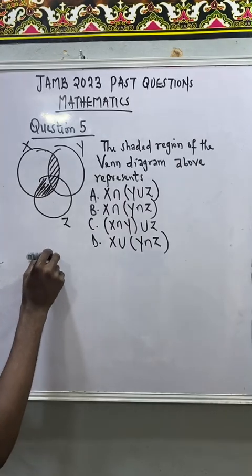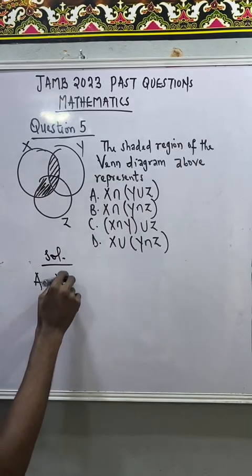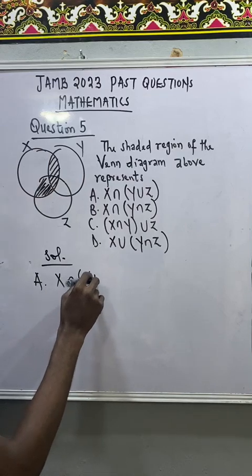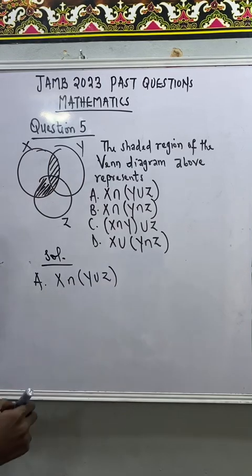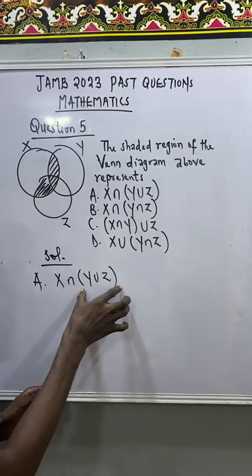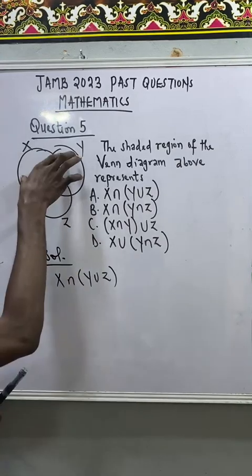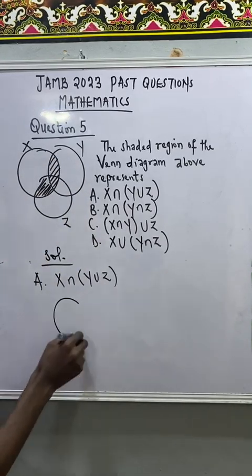Now, solution. Let's start with the first option, X intersection Y union Z. First of all, the rule of BODMAS also works here. We can start with the brackets. Now let's redraw this Venn diagram without shading.